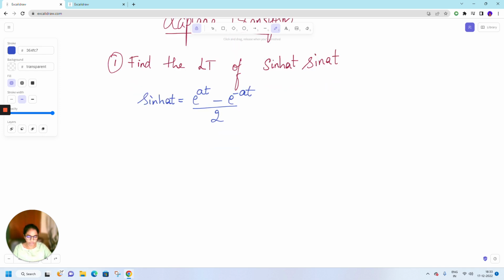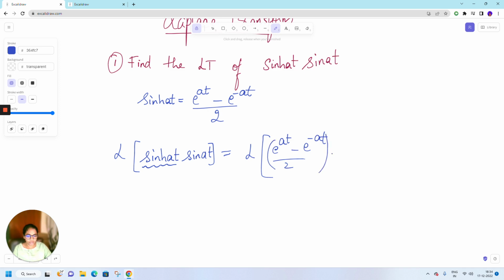Now let me substitute this in the given question, that is Laplace of sine hyperbolic at into sine at. In place of sine hyperbolic at, let me substitute the formula. I would get e power at minus e power minus at divided by 2 into sine at.